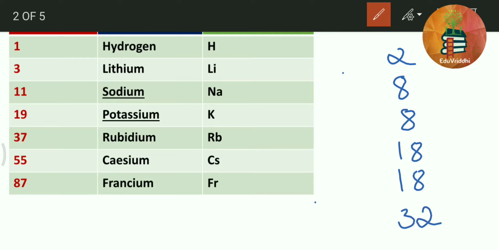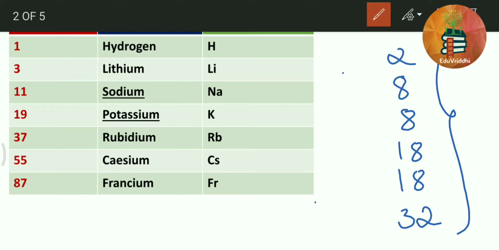So these numbers are called magic numbers. You have to learn these numbers by heart in the same order, that is 2, 8, 8, 18, 18, and finally 32. Now how to find the atomic numbers of these elements?